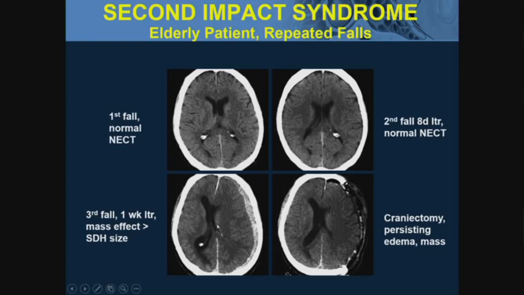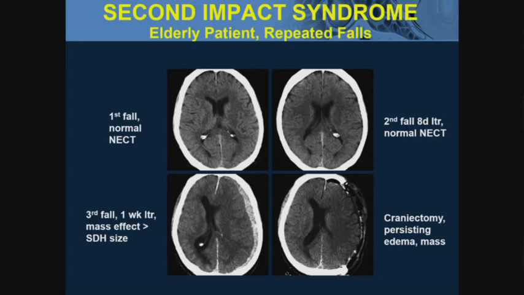They did a decompressive hemicraniectomy, and note that the edema is persisting even after they removed the subdural. The subdural was not the problem, it was the brain injury underneath, and that is probably a form of excitotoxic injury. So what is the take-home lesson? Look at the size of the subdural. Look at the size of the mass effect.